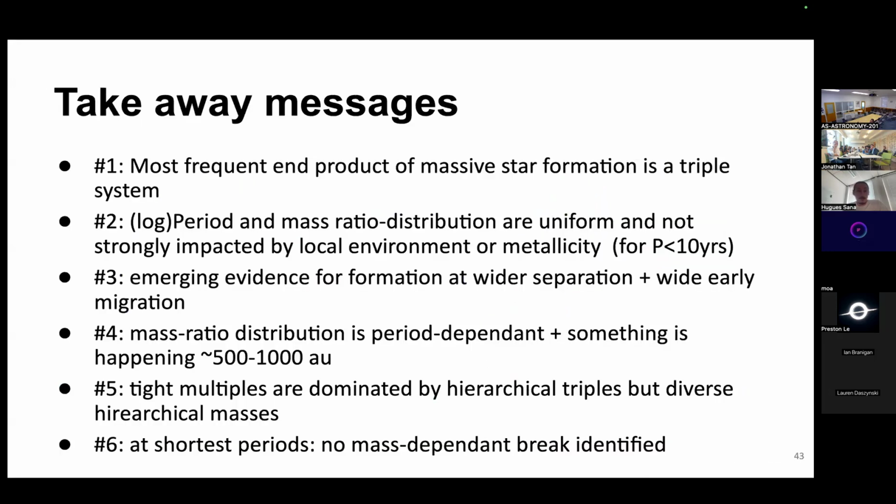So that's my last message: at shorter period, we have no mass-dependent break in the period distribution. So we cannot say that massive stars and low mass stars are forming through different channels. That was a bit the idea a few years ago. But maybe there's simply a scaled-up version with some minor adaptation that would be able to explain both lower mass and higher mass binary formation.